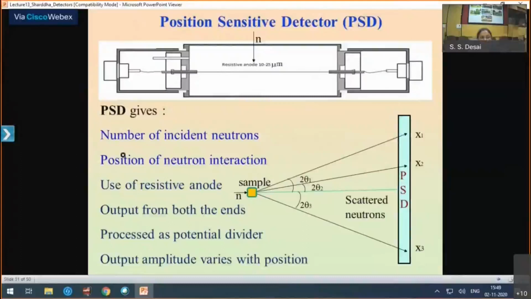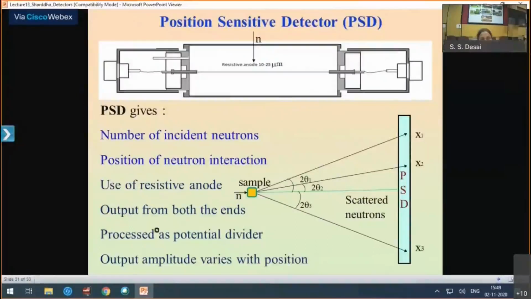Whereas now, for a position sensitive detector, we can use a resistive anode. For a metallic resistive anode, it has to be still thinner because, as you know, resistance increases as the cross-sectional area of the wire reduces. So you use nearly 10 micron wire, either nichrome, stretched to the length of the detector needed, and then take the pulses from both ends and process them in such a way as a potential divider.